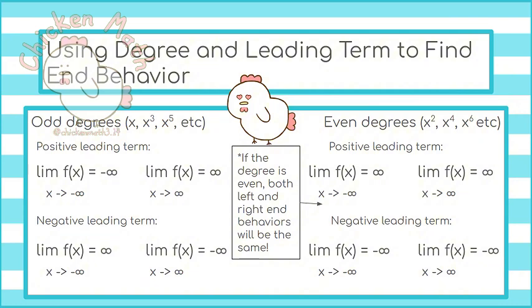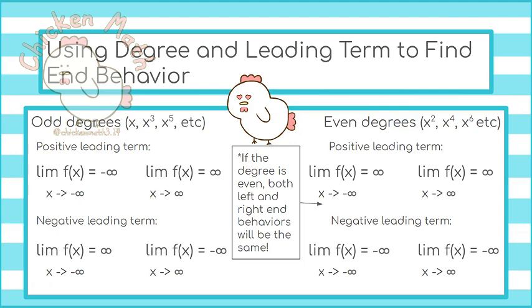We'll section this out. First, let's look at the left side. At the top of the left side, it says odd degrees. For a positive leading term, it says that as the input of a function with an odd degree approaches negative infinity, the output will also approach negative infinity.